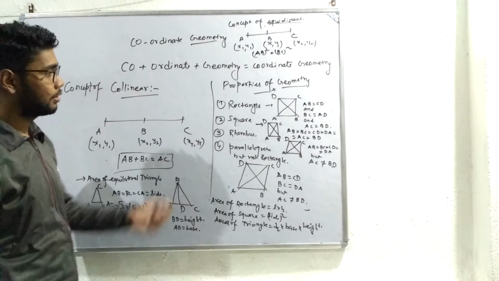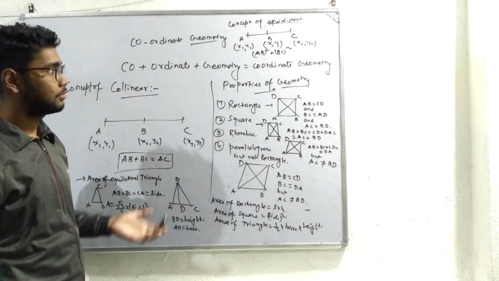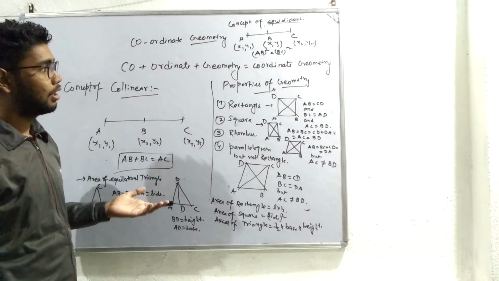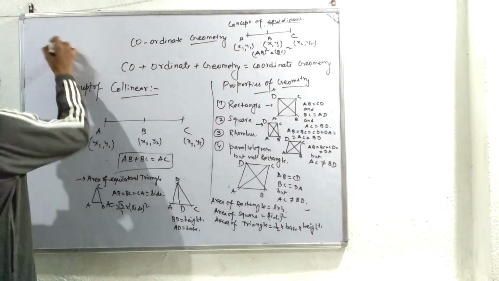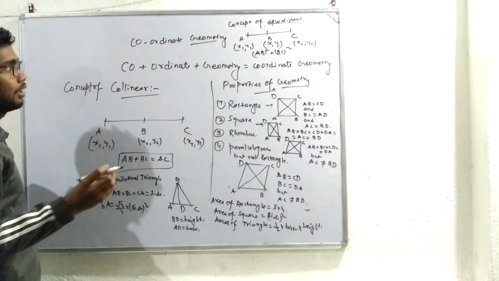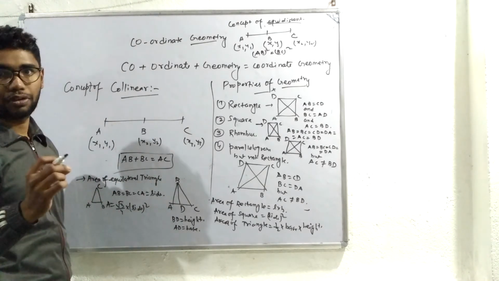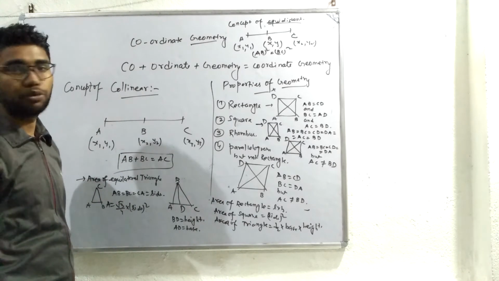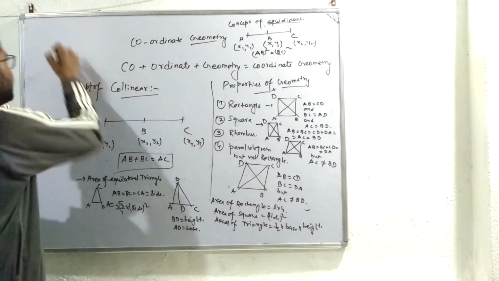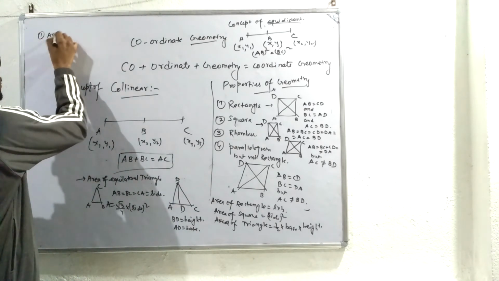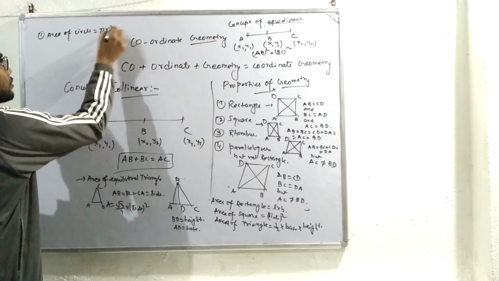One more very important question based on the basics of coordinate geometry is the area of a circle. If any point is located on the circumference of the circle, then we find the radius and the area of the circle. The area of the circle is equal to pi r square.